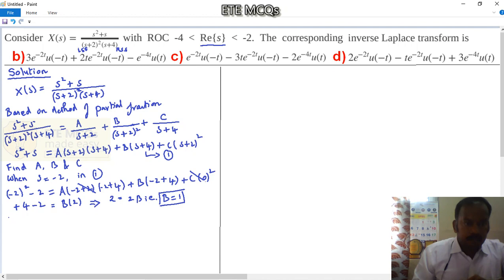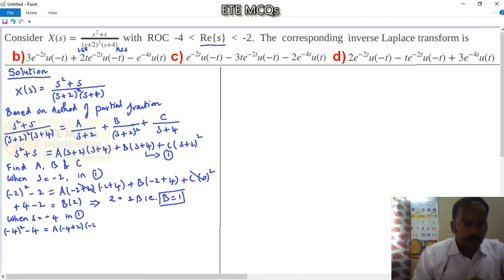Next, when s is equal to minus 4 in 1, we get (minus 4) the whole squared minus 4 equal to A into (minus 4 plus 2) into (minus 4 plus 4), which becomes 0, plus B into (minus 4 plus 4), which is 0, plus C into (minus 4 plus 2) the whole square.